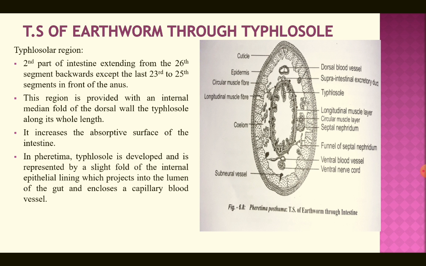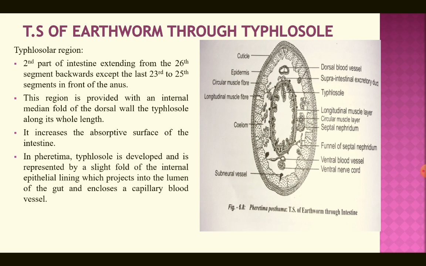And beyond that, in the typhlosolar region, that is the second part of the intestine, it extends from the 26th segment backwards, that is, from the 26th segment onwards till the last 23rd to 25th segment in front of the anus.